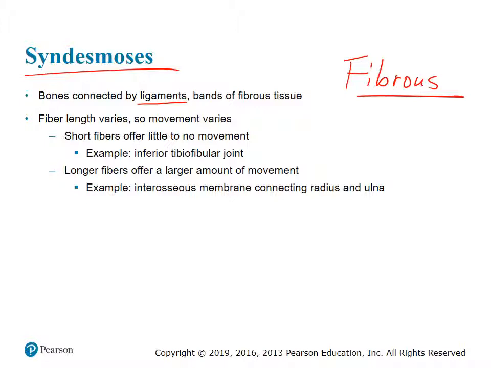Depending on the length of the ligaments or the connective tissue fibers, they can give us different movement. Okay? They give you some examples of a short fiber versus a long fiber type of syndesmosis.